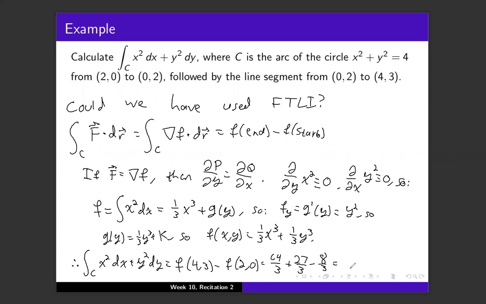And in fact, the whole thing is going to come out to 83 thirds. Exactly what we had before, which was so much easier.